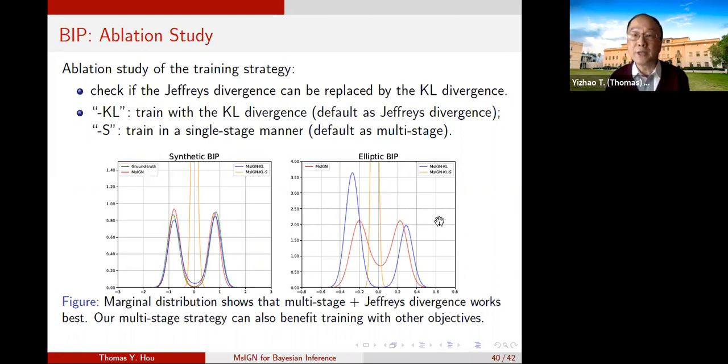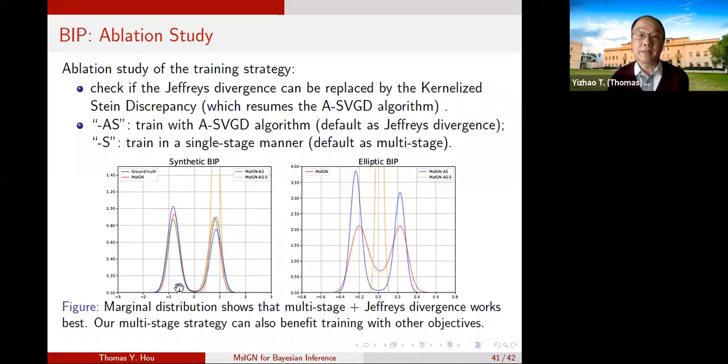But if you use a single stage, like KL, then you completely miss the multiple modes, right? This is for both the synthetic case and the elliptic case. So the single stage will fail. We also tested replacing the Jeffreys divergence by the kernelized Stein discrepancy. Again, the multi-stage still works, but if you use a single stage, that will fail miserably, okay?